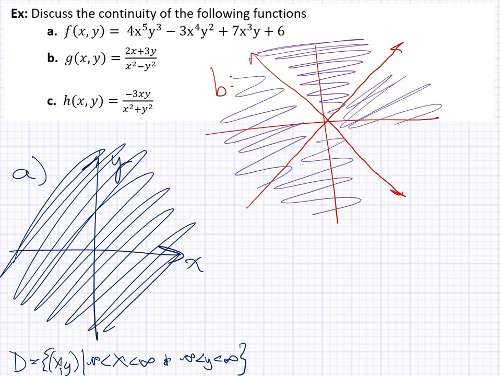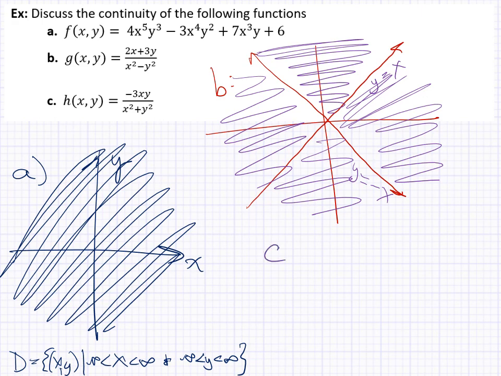They're not really triangles, but in this space, and this space. Anything that sits on these lines, this line would be y equals x, and this one would be y equals negative x, okay? Anything that sits on those lines is not in my domain, so my domain would consist of everything in that purple space.